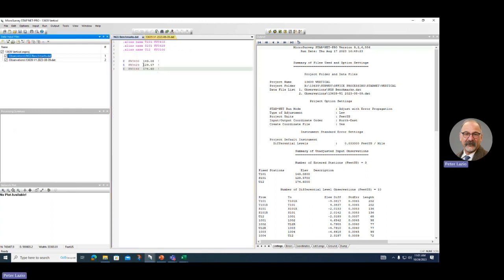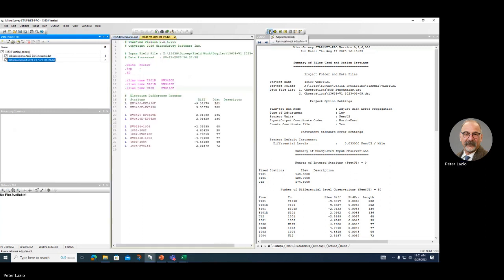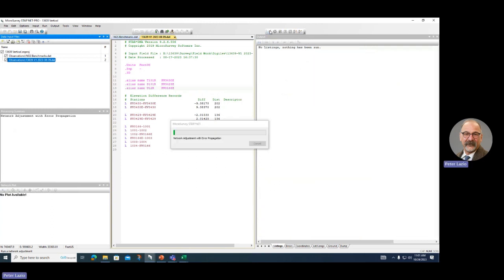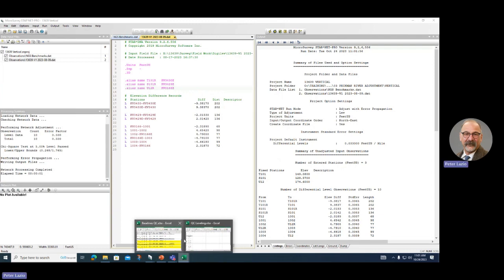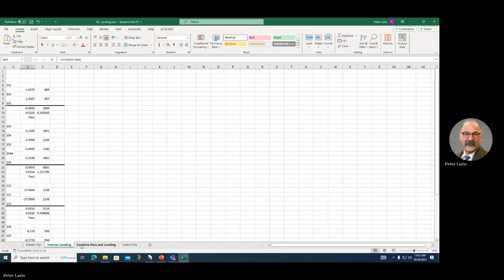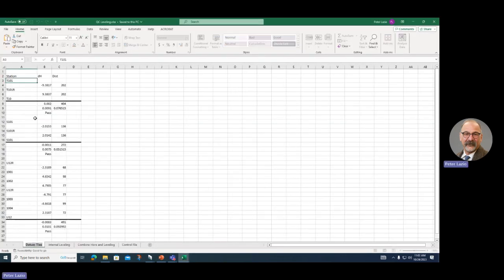These are our NGS benchmarks, so these are real elevations, leveling to those benchmarks. I did QC's at leveling over here, and it all was within second order class 2, actually much better than what it needed to be.